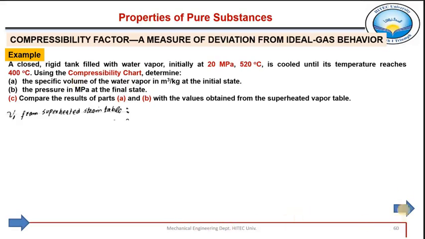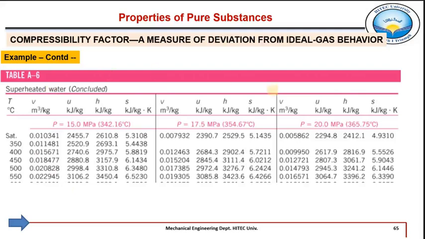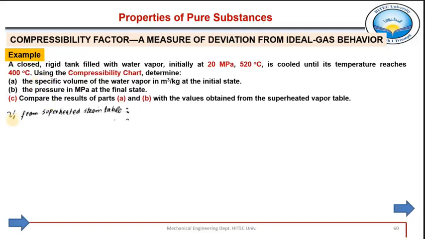So let's go to the table. Here is the superheated steam table. So what we need to calculate is V1 at a pressure of 20 megapascal and 520 degrees Celsius.